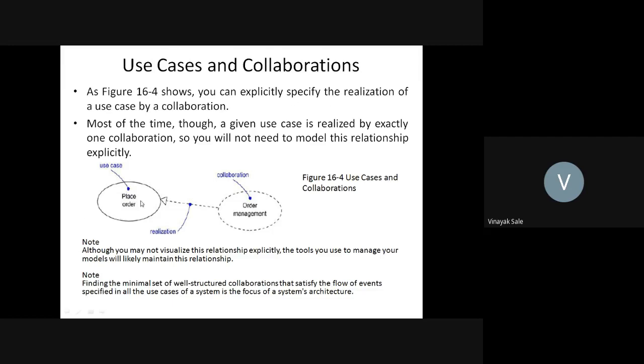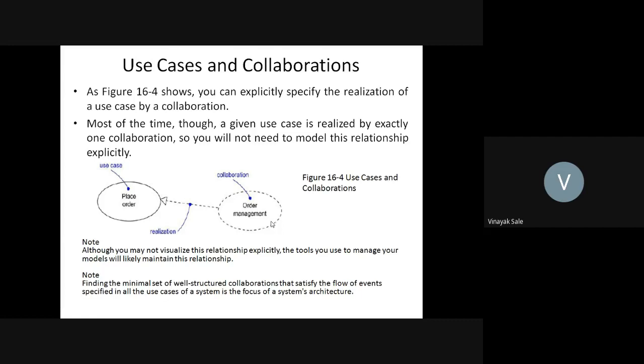The use case is denoted by an elliptical shape, whereas a collaboration is denoted by a dotted elliptical shape. And there is a realization from collaboration to use case. The use case is place order and the collaboration is order management.